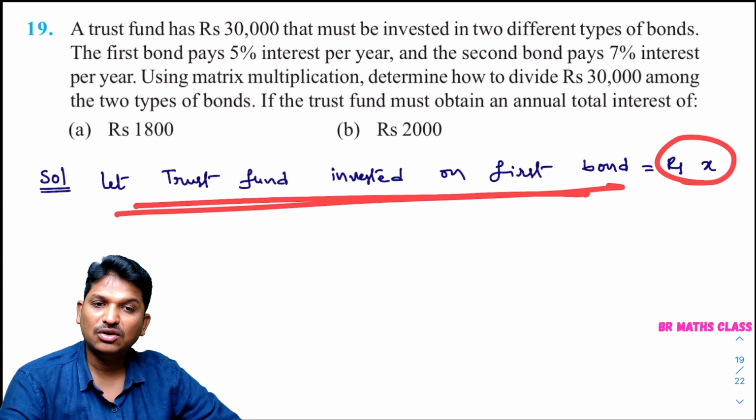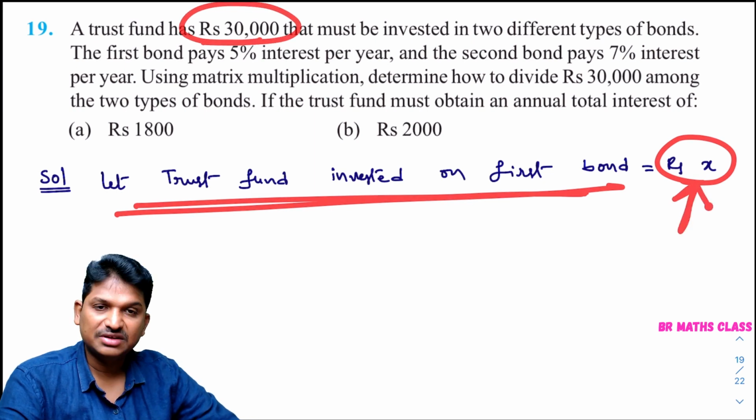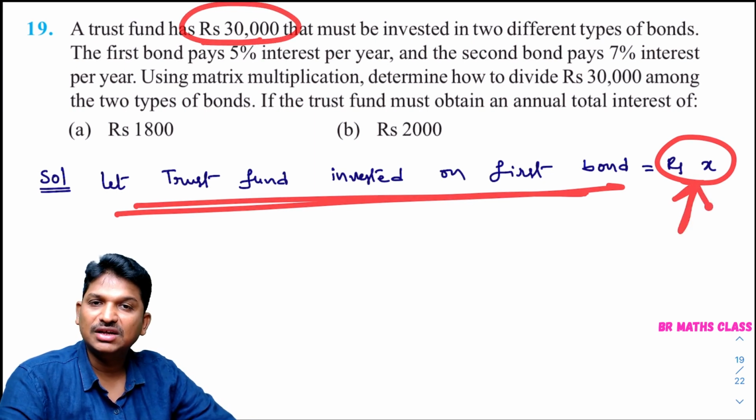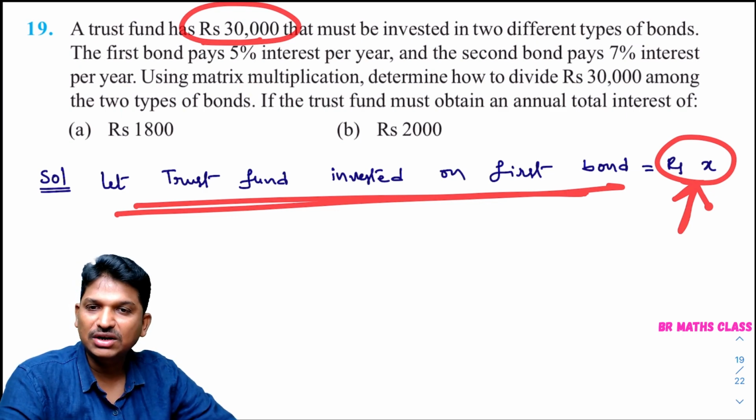I am supposing that on the first bond I invested rupees x. The total trust fund is 30,000 rupees. What is the remaining amount? Suppose I invested 10,000 rupees on the first bond. What is the remaining amount? 30,000 minus 10,000, the remaining amount is 20,000.